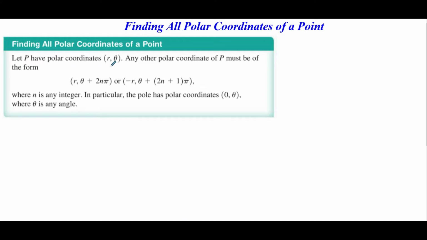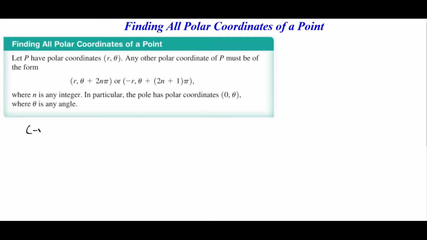So if I have some point r, theta, then all other polar coordinates come from keeping r the same value, so don't change the sign on it, and then we can add any number of whole circles, so 2 pi n. Or we can change the sign on r, and then we have theta plus (2n plus 1) pi. So let's simplify that for a minute.